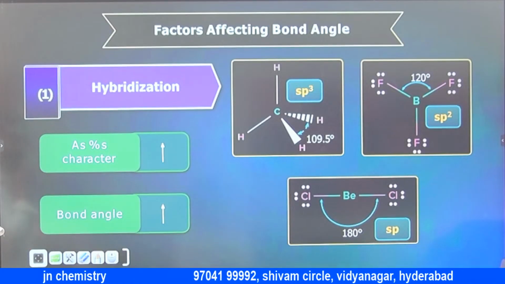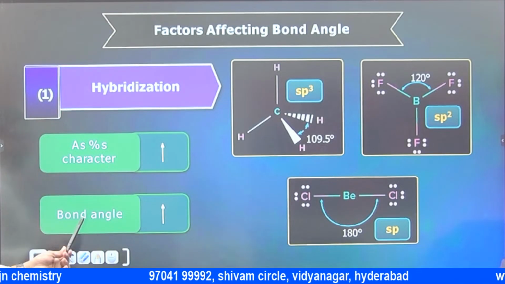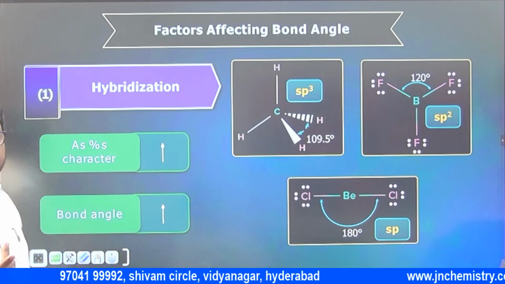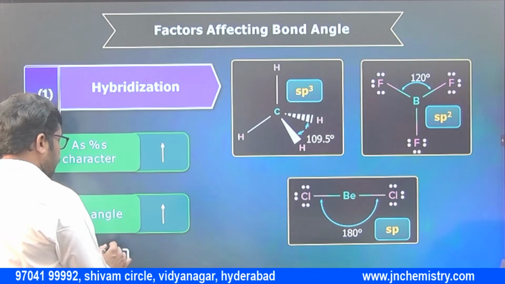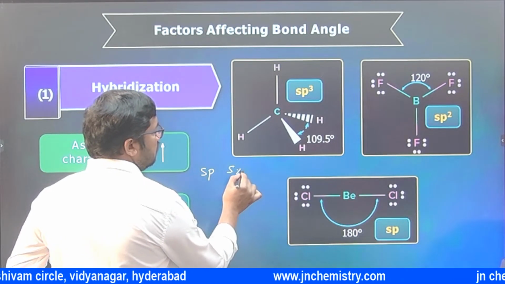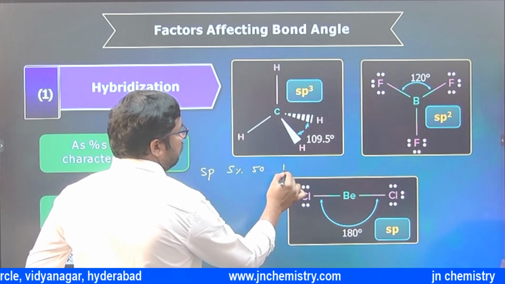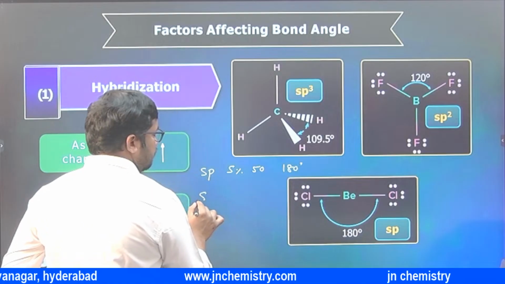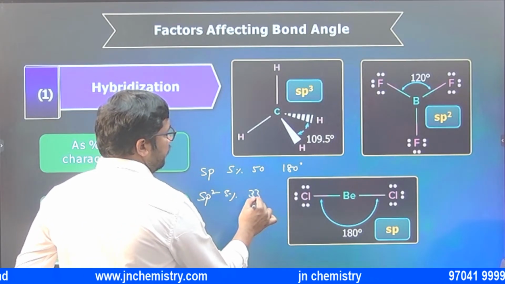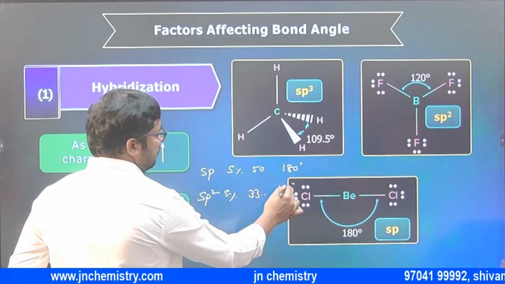So with hybridization, as the percentage of S character increases, the bond angle also increases. This is one of the important points, and that is the reason, as I already told you: in case of SP, the percentage of S character is how much? 50%, and the bond angle is 180. For SP2, the percentage of S character is 33.3, so 120 degrees.